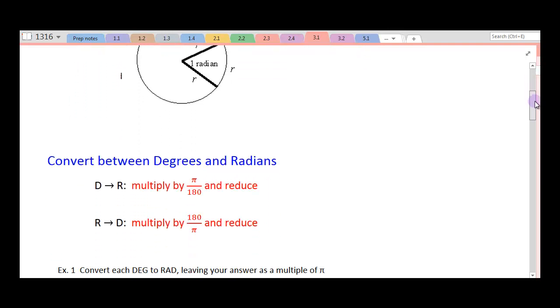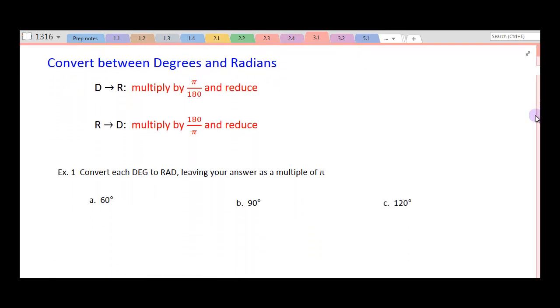So, what if I want to be able to convert between degree measurements and radian measurements? Well, it's pretty simple once you get the hang of it. If I want to move from degrees to radians, then I simply multiply my angle by pi over 180 and then reduce. So let's practice doing that first.